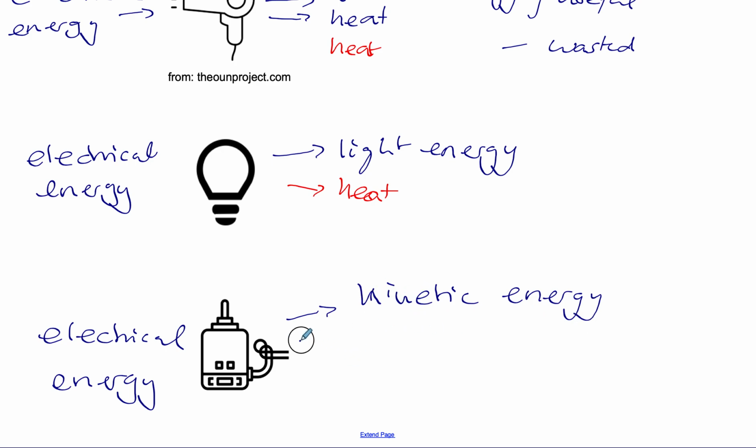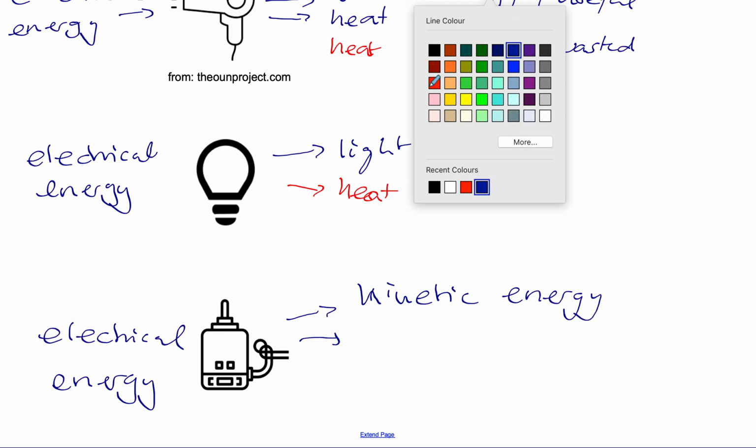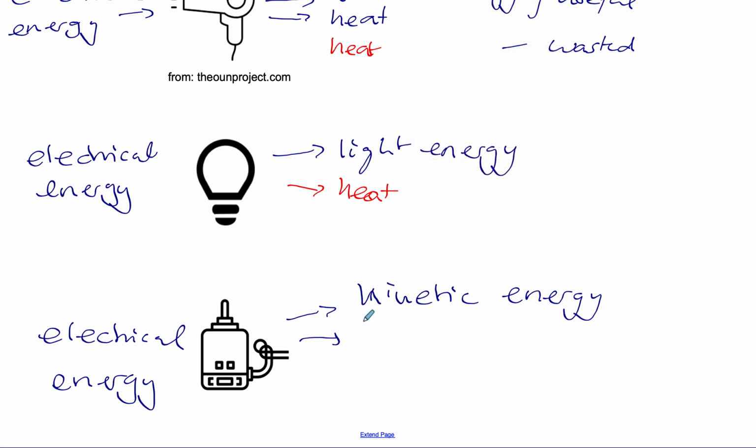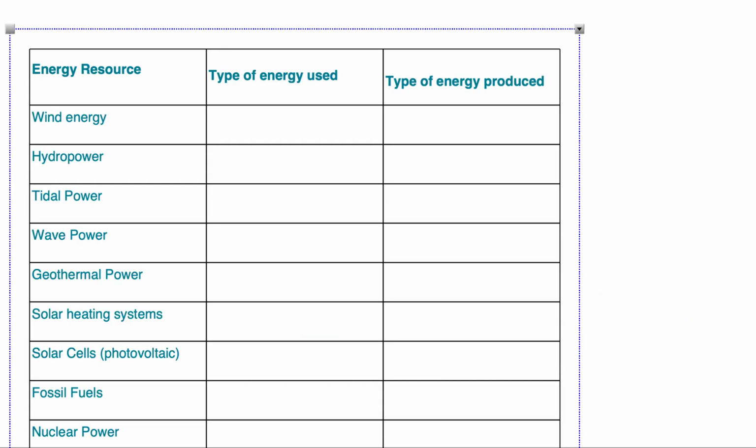Now, you probably know that a motor can actually get quite warm, so there is, again, heat wasted. And you will also hear the motor operating, so there's some sound energy that is wasted. The sound energy is not what you want. You don't want the motor to actually warm up.